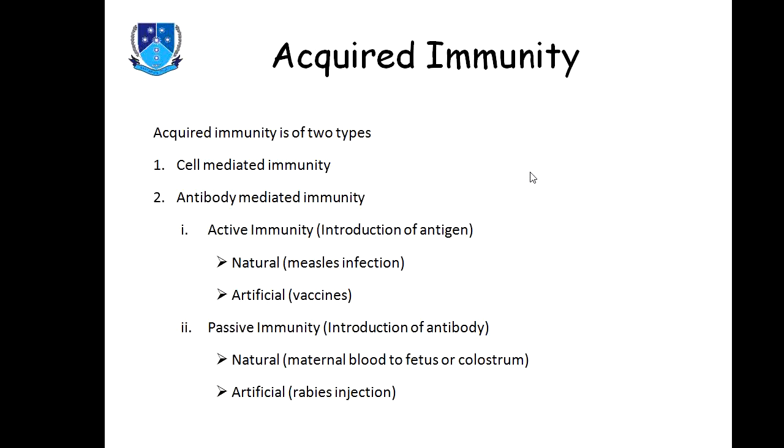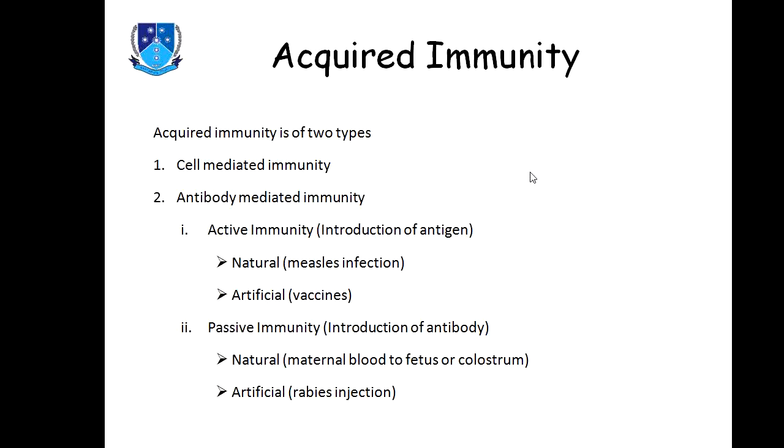After maturity, these cells have the ability to fight against any foreign material which has gone inside the cells of the body. So these are coped with by the T cell, and this is a type of cell-mediated immunity, and this is acquired immunity. It is acquired immunity because it does not provide immunity at the first instance.